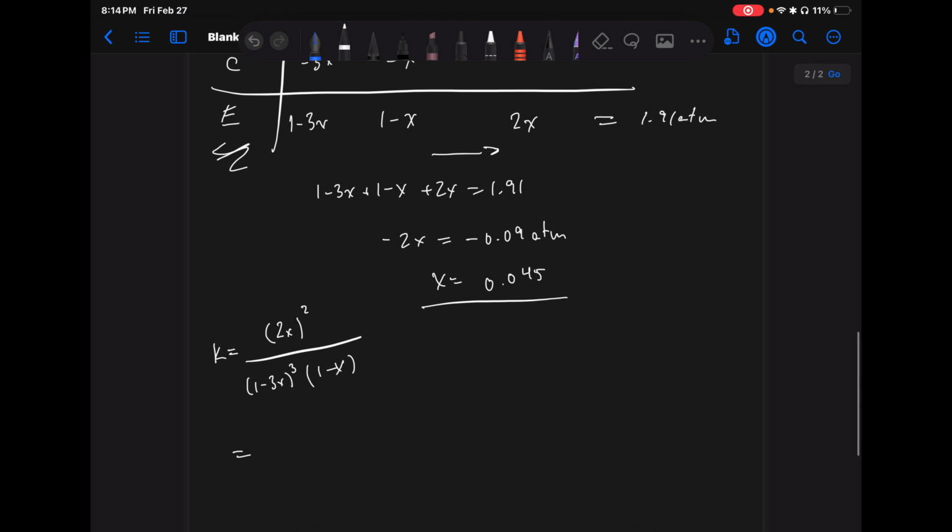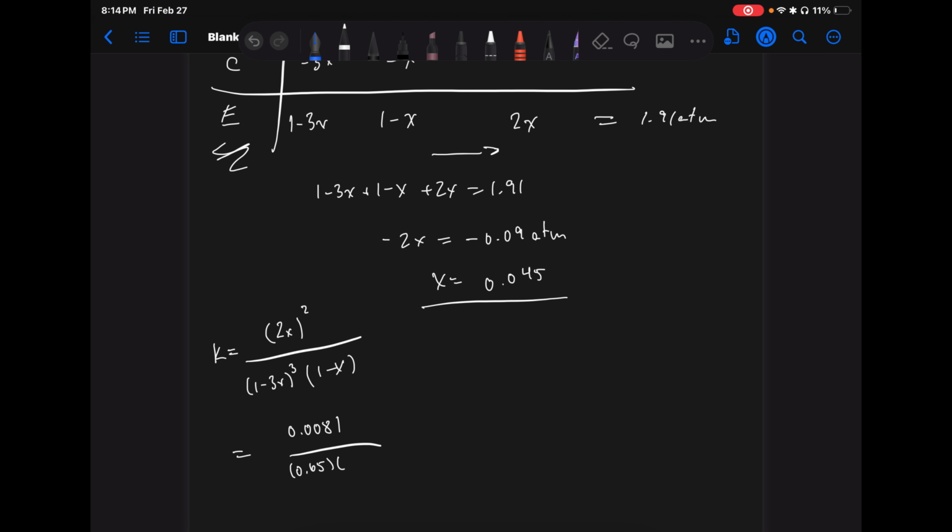That's low-key a lot of work. Multiplied by 2 squared, 0.0081. 1 minus 0.045 times 3 to the power of 3 is 0.65.